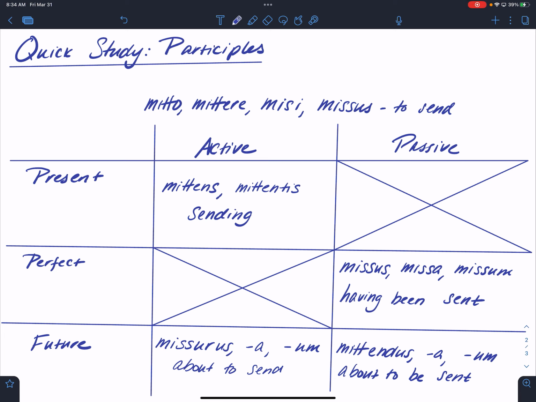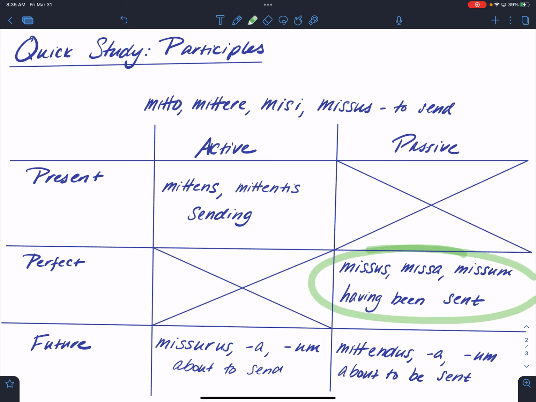Now, I'm going to spend a tiny bit more time on the screen, just super briefly. So, some recognition tips. The hardest one to recognize, as I've said before, is the perfect passive participle.